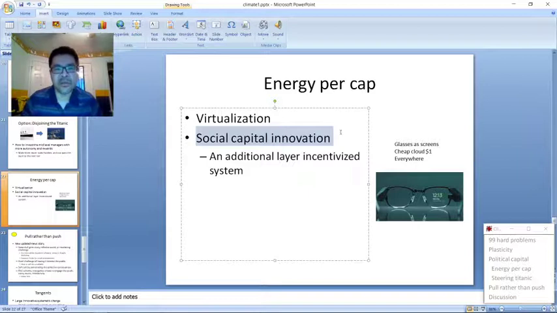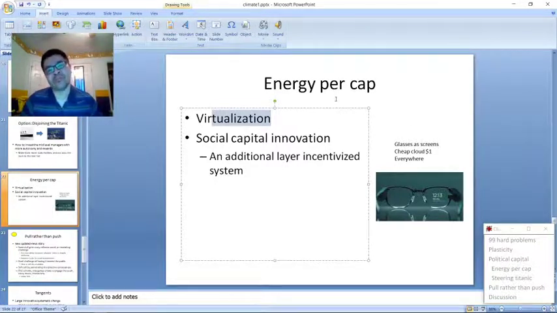One of the other methods for addressing it is virtualization. Cheap cloud glasses can reduce our consumption of energy in the actual world by moving our consumption to the virtual world.